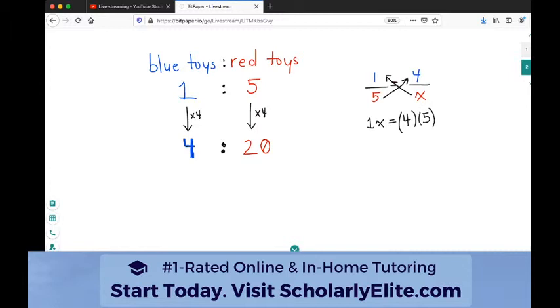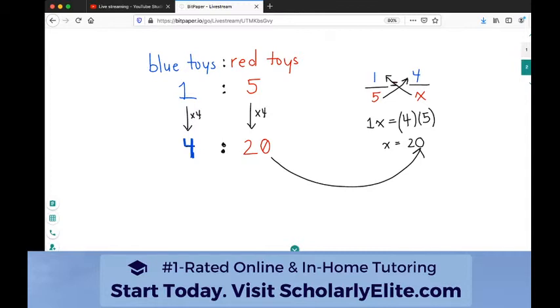We've got 4 times 5, which equals 20, which is the right answer, as we can see. Okay? So whenever you get a ratio question, you can always set it up as a fraction and then solve for that unknown variable. And it works the other way as well.